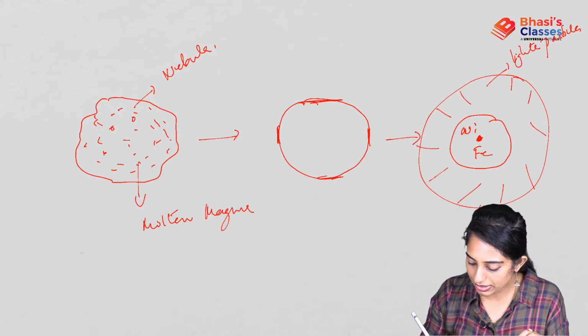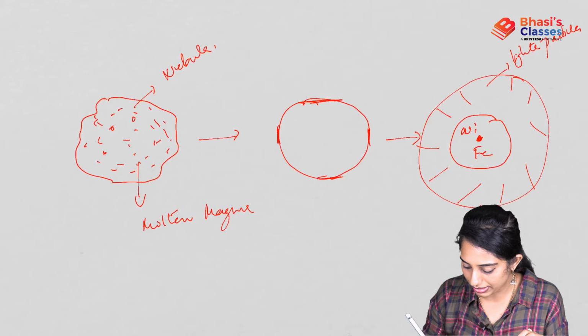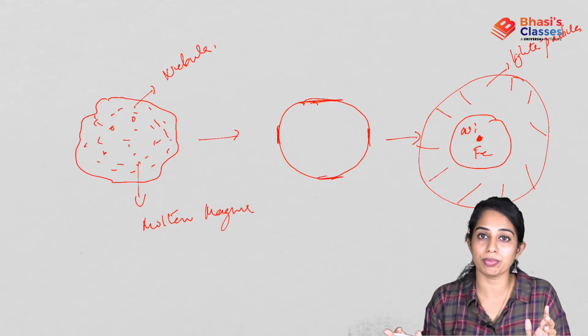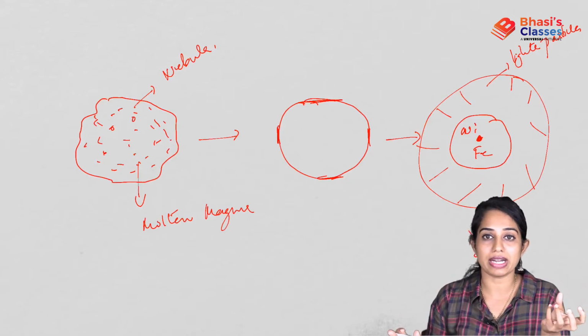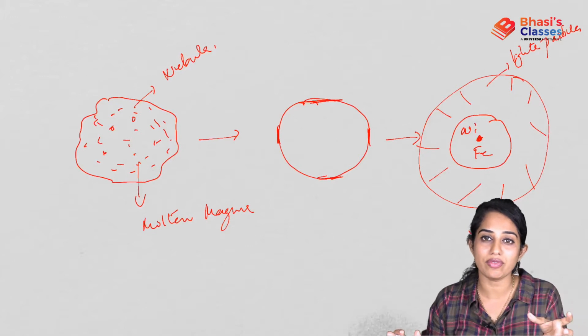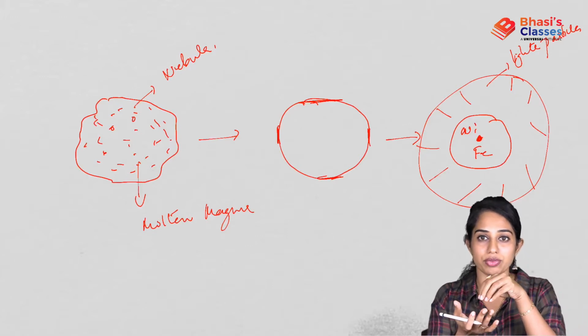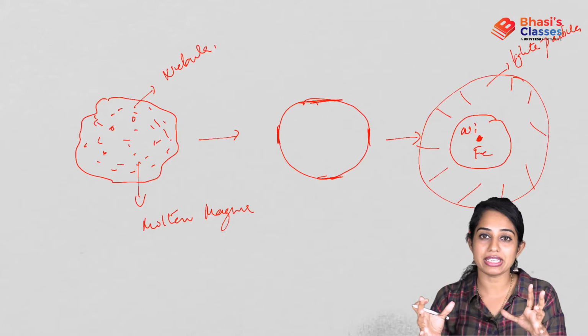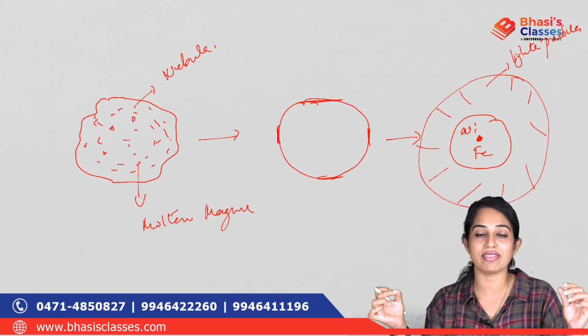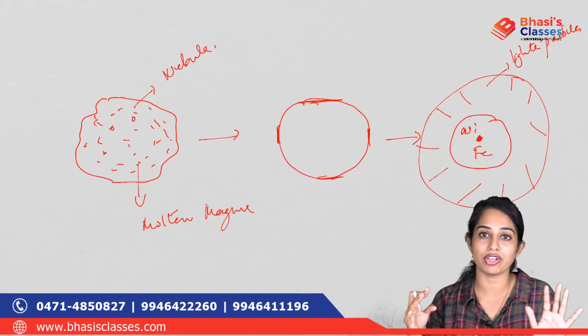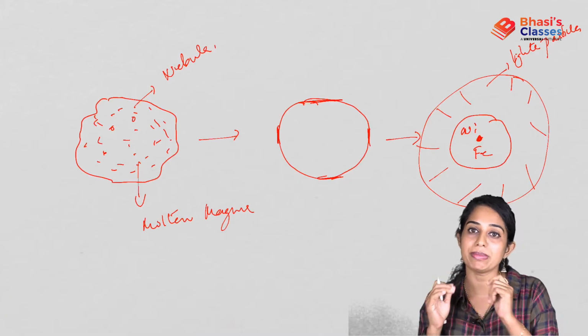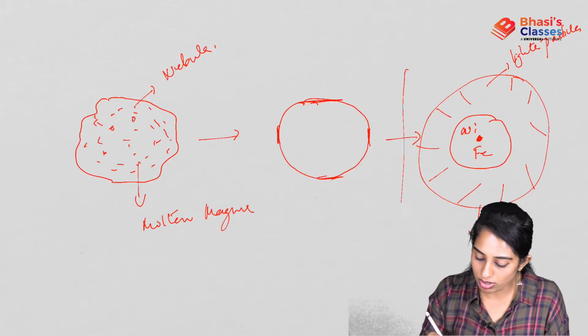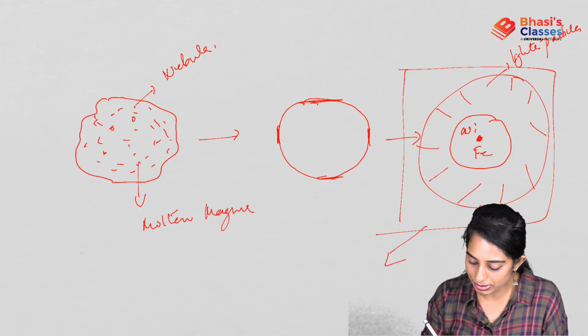Lighter particles are silica, aluminium, magnesium. This is what happened because of the gravitational pull of the earth. The particles which are very dense or very heavy concentrated towards the center of the earth, whereas lighter particles, whose density is very less, moved towards the periphery. So this is how the primitive atmosphere was formed. We can call this entire body the primitive atmosphere.